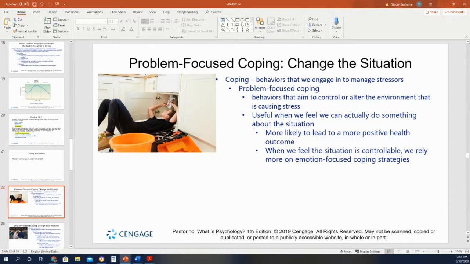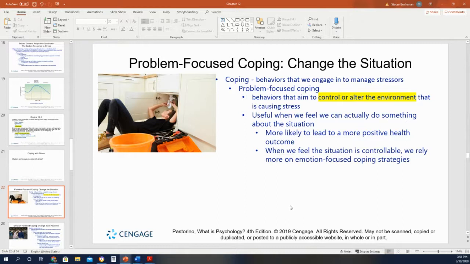If you find out that you have a speech you have to do tomorrow, and you decide, I'm going to go home and study and work on my speech, you're controlling or altering the environment that is causing the stress. Because the stress is that you might do badly on your speech, so you're altering that to cope with it.